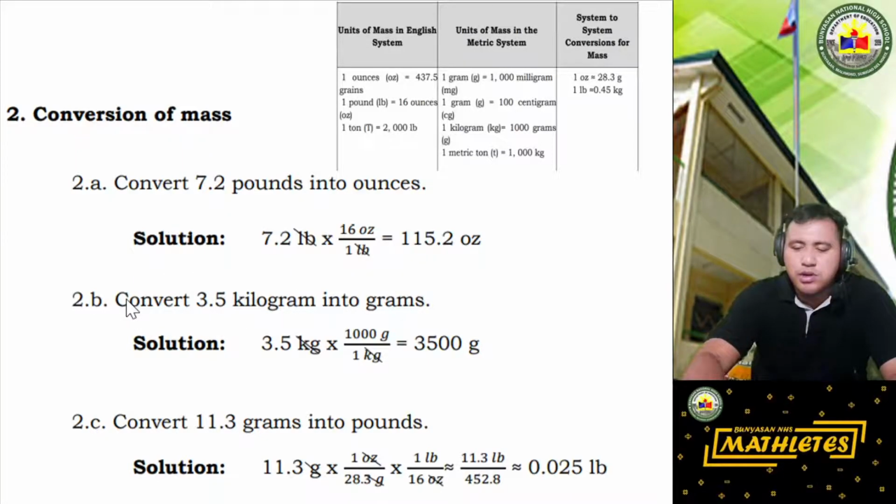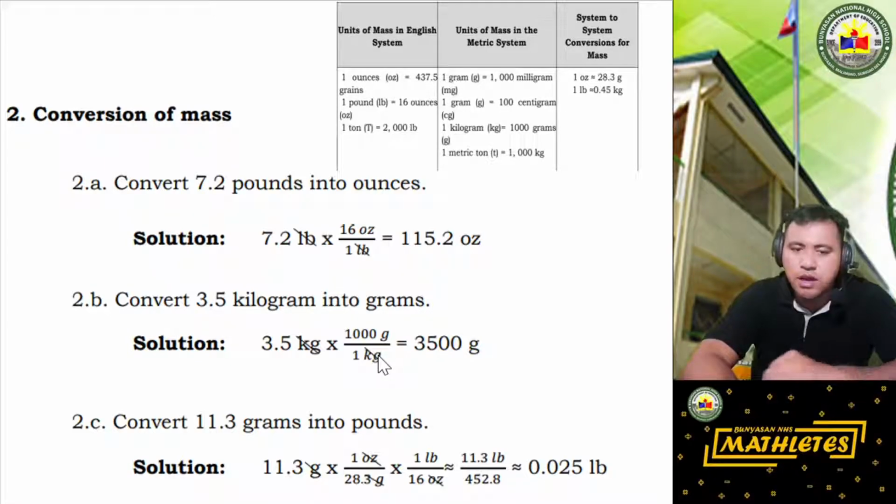Then sample number 2. Sample number 2 is convert 3.5 kilogram into gram. So we all know that 1 kilogram is equal to 1,000 gram. So that makes 3.5 kilogram times 1,000 gram over 1 kilogram.